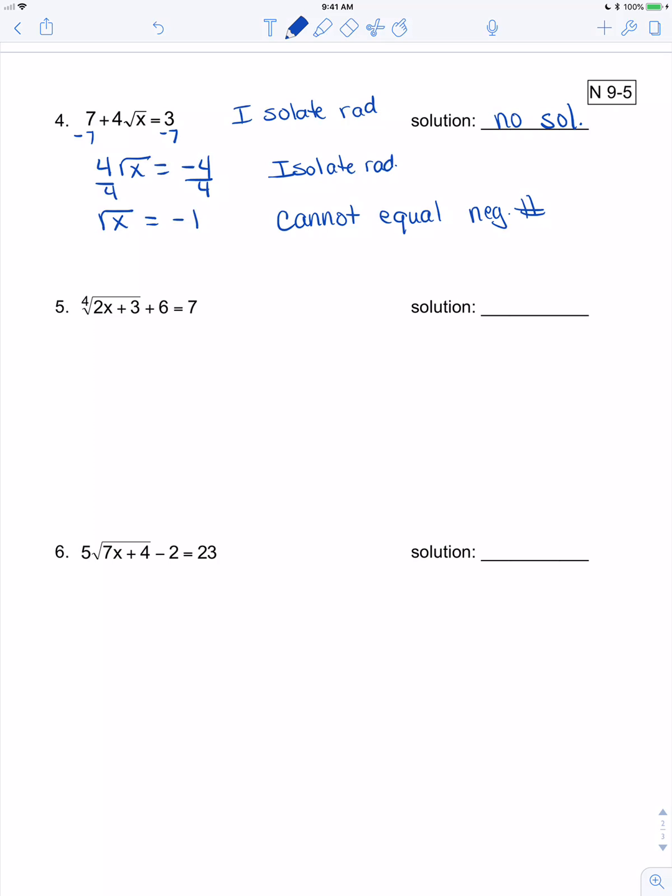All right, we're going to just keep going. Number 5, we're going to isolate the radical. We need to get this all by itself, so we're going to subtract the 6 from both sides. So now we have the 4th root of 2x plus 3 equals 7 minus the 6 is 1.